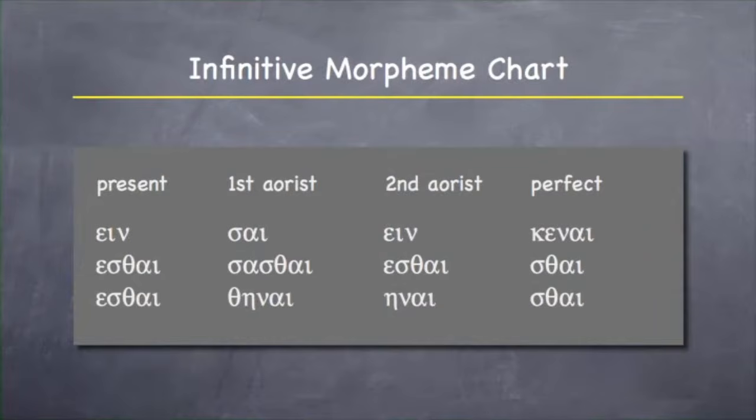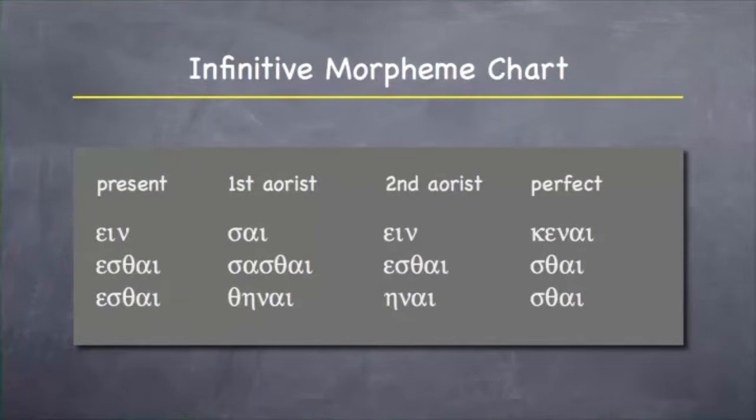So let's switch over to the infinitive morpheme chart. Now before we get into these different forms, recognize that all of the endings end in alpha iota except for the present active, which is then imitated by the second aorist active. If you start with just the present active form, the ain, then you're not going to see the consistency of these endings. And as normal, it's the present that's the problem.